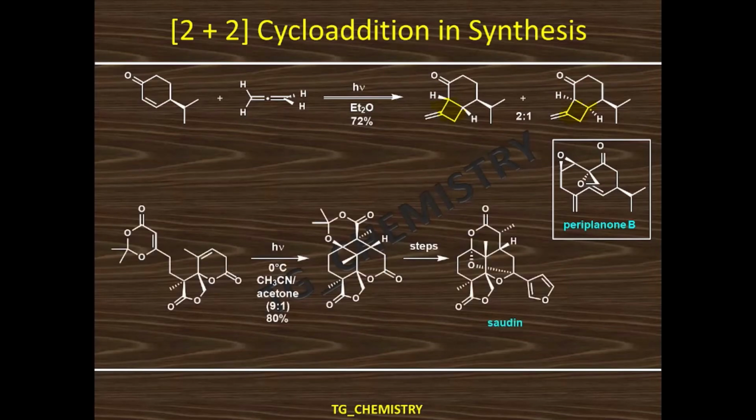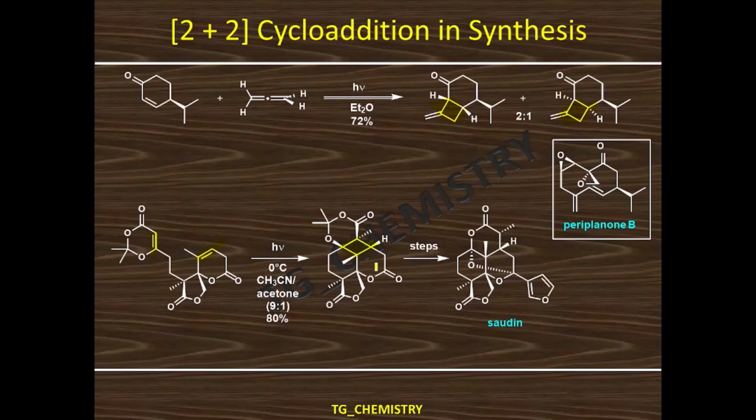I have another example here where you can see the starting compound on the left hand side. Also it undergoes the 2+2 cycloaddition reaction here. The involved pi bonds are this one and this one, highlighted in yellow color here, and when it undergoes reaction at 0 degree centigrade in the presence of a mixture of solvents, acetonitrile and acetone, under photo irradiation, you can see the 2+2 cycloaddition proceeds, and we have a formation of a cyclobutane ring.